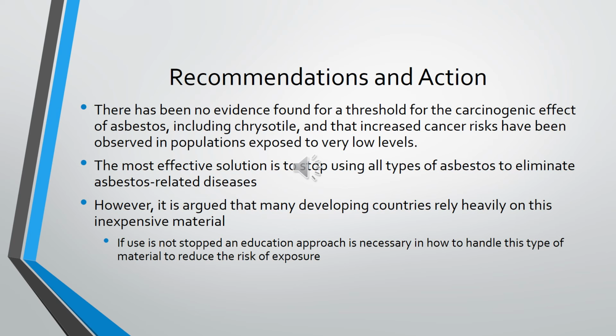So, judging from this, the most effective solution is to stop using all types of asbestos to eliminate asbestos-related diseases. The thought is that even though the chrysotile effect might be less than an amphibole asbestos exposure effect, there still is an effect, so there needs to be some kind of regulation associated with that.